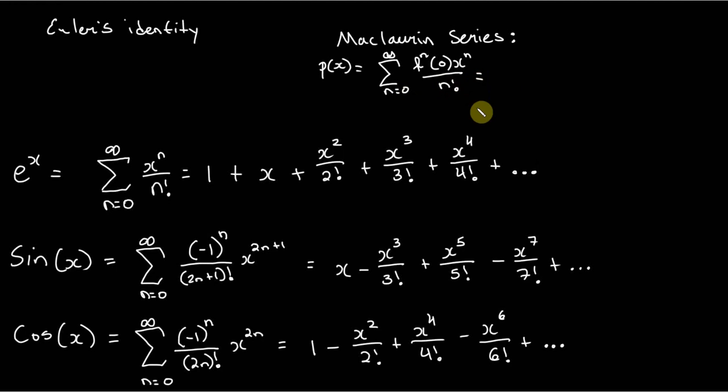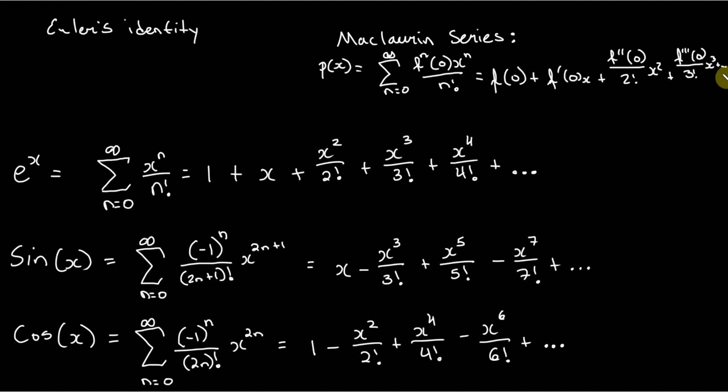And we can expand all of this out, and it looks something like this, where we have f of 0 plus f prime of 0 times x plus f double prime of 0 over 2 factorial times x squared plus f triple prime of 0 over 3 factorial times x cubed, and so on.